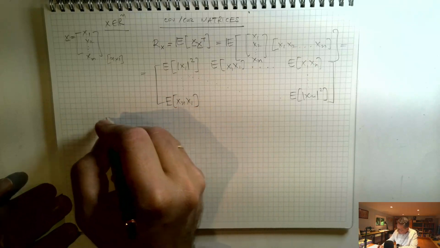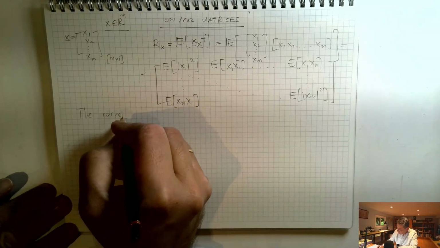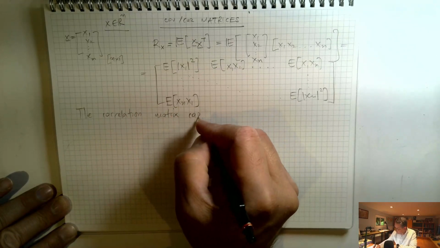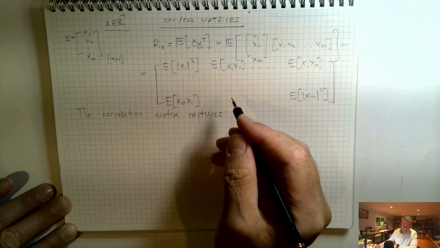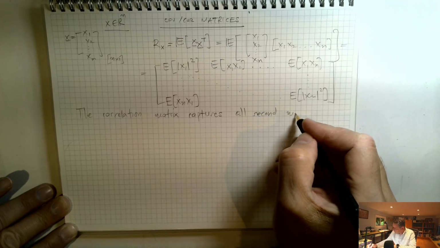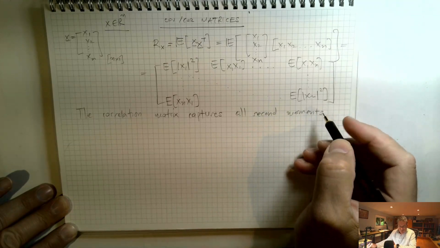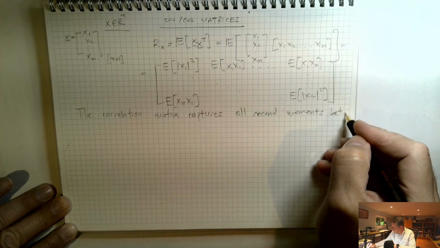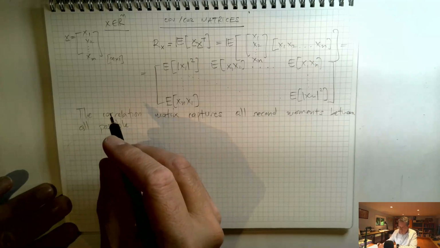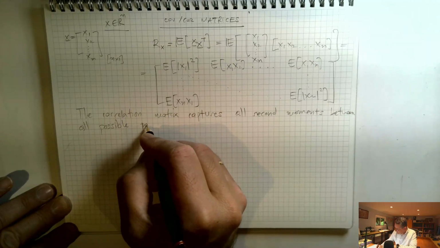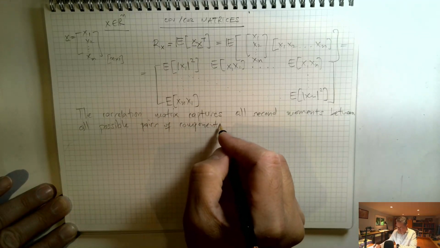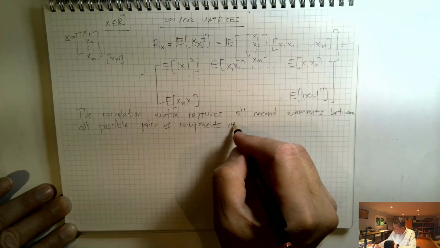The correlation matrix captures all second moments between all possible pairs of components of the random vector.